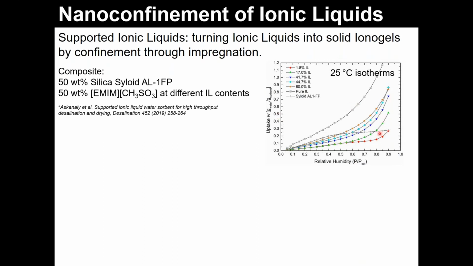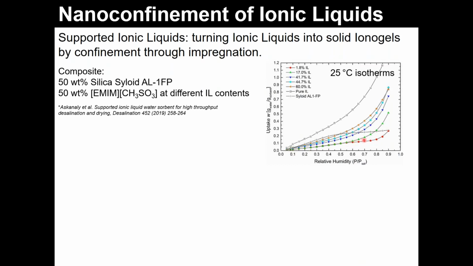And from the pure silica isotherm, we move gradually to the curve with orange symbols. We see a reduction of the isotherm when we impregnate just around 2% of ionic liquid, likely because we are already filling the micropores.